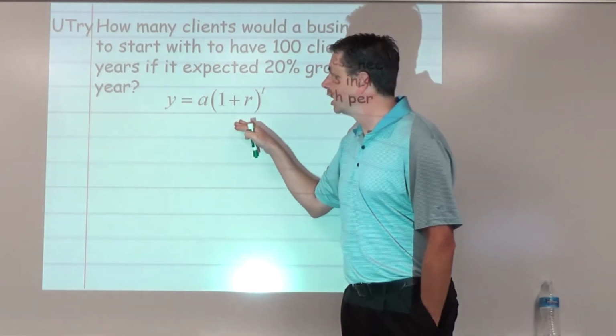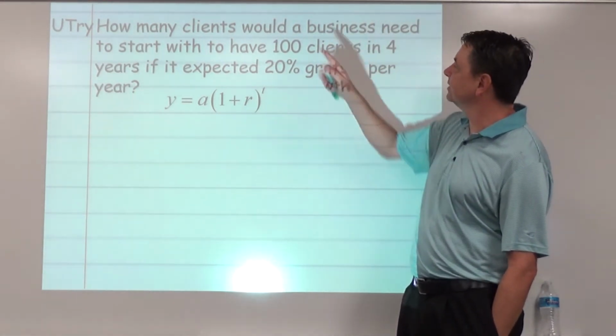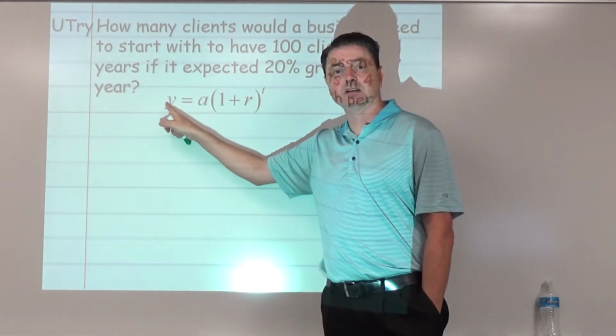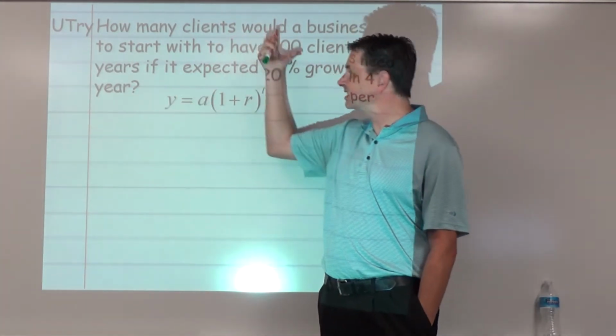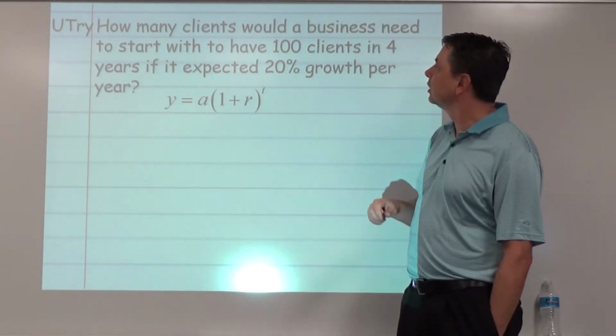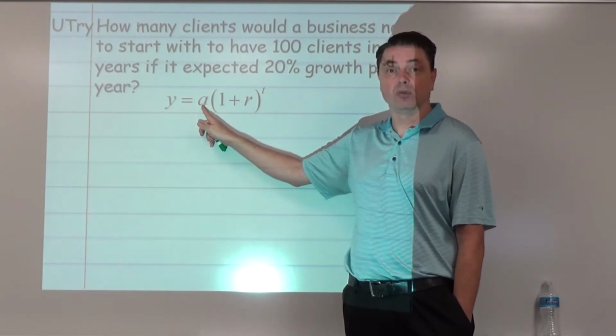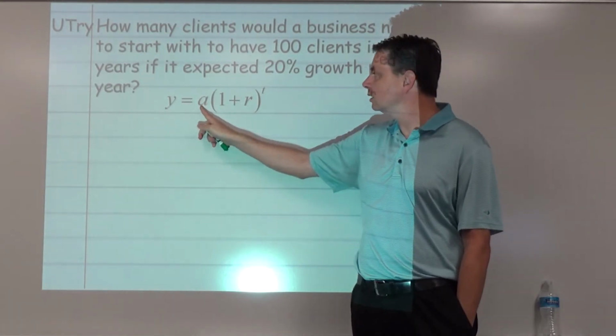So here's our model. We want to end up with, so this is number of things, or in this case clients later, 100 goes there. What should we start with? So that's our starting amount, we don't know that one, so we're going to leave that alone.